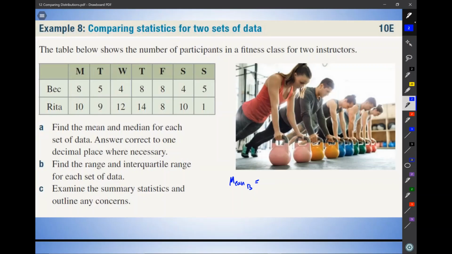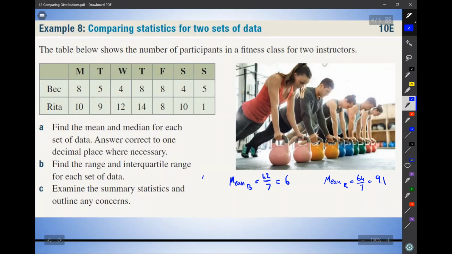If you add up all those numbers, it's 42. And there's seven different classes, one each day. So the average here is 6. And mean for Rita is, she has 64 participants in her classes. So her mean is about 9.1.